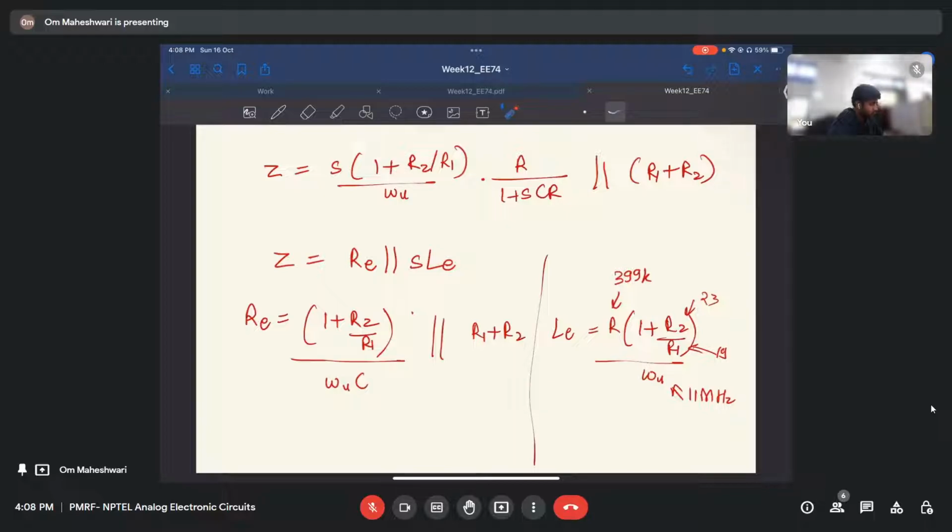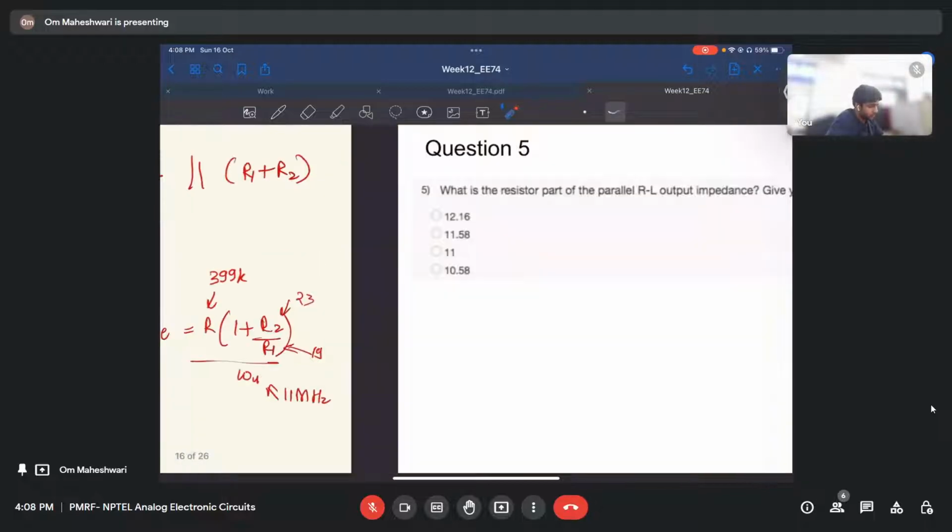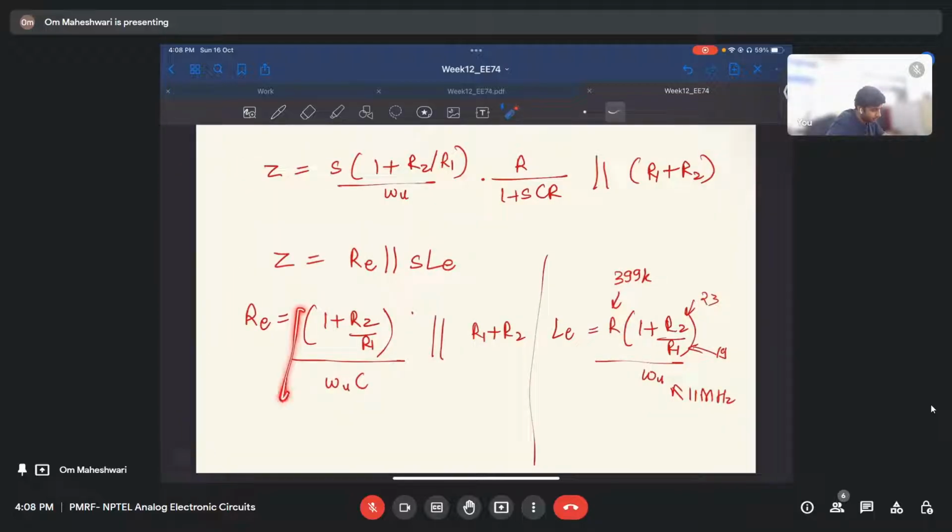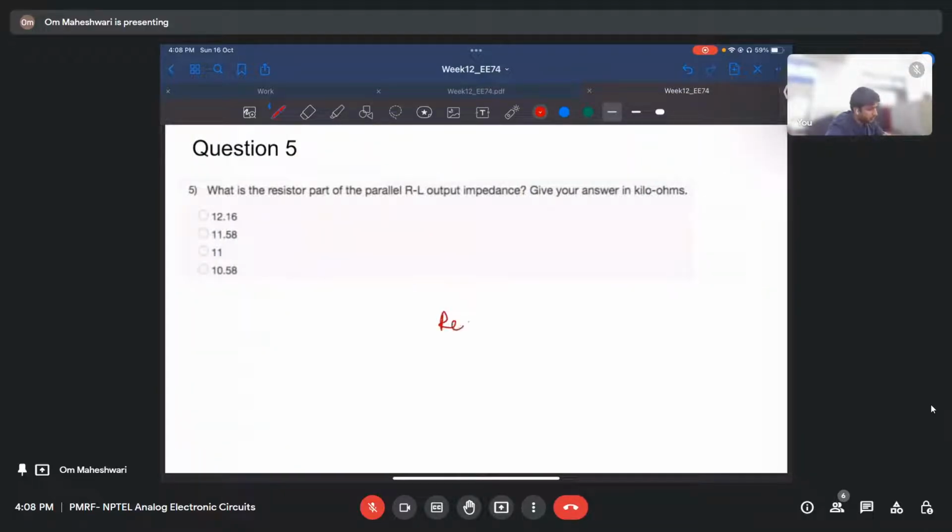Please see this one, and the next question is simply the resistor part, which will be given by this. The answer given for this is, I think, 12.76 millihenry, and for the resistance part it is given as 11.58 kilo ohms.